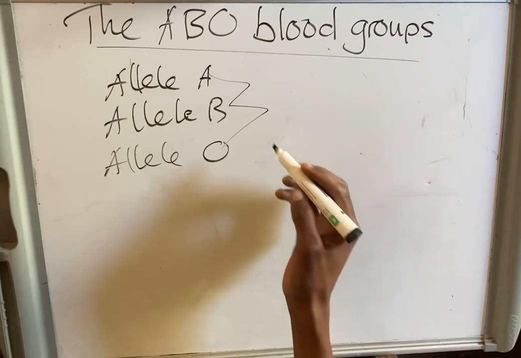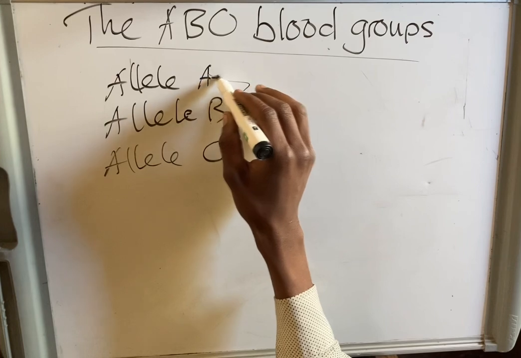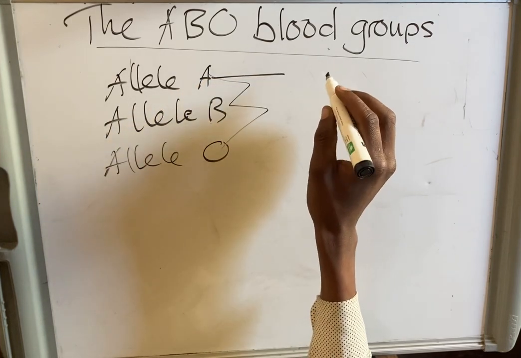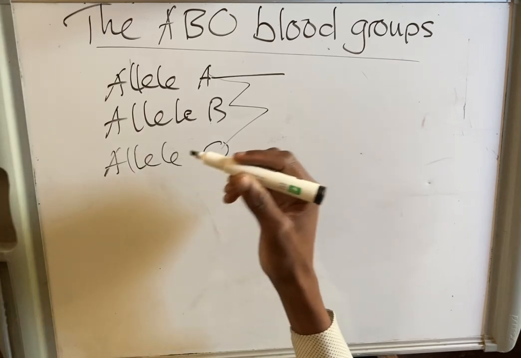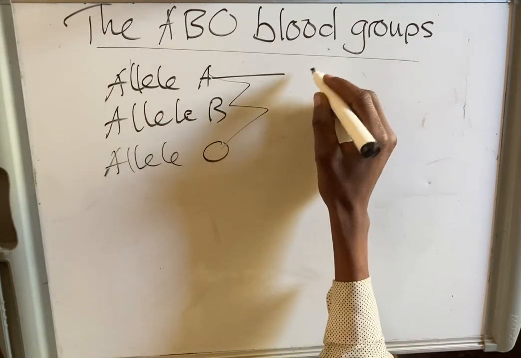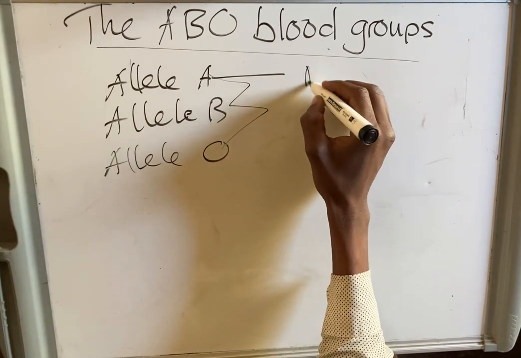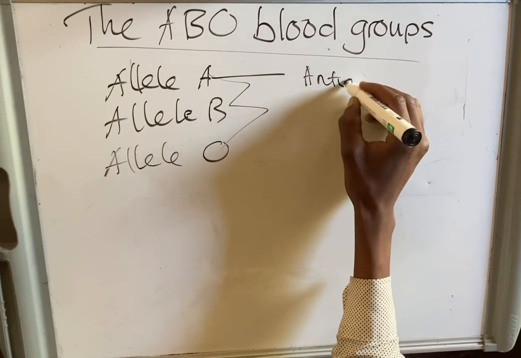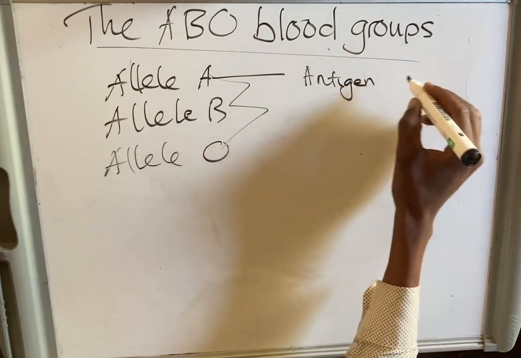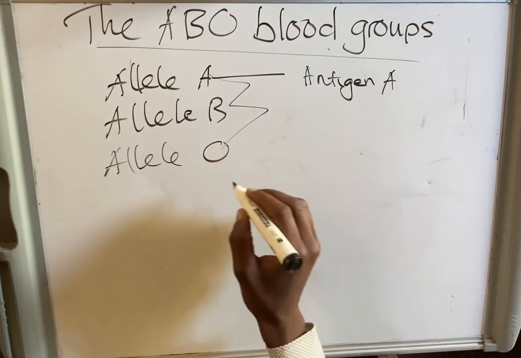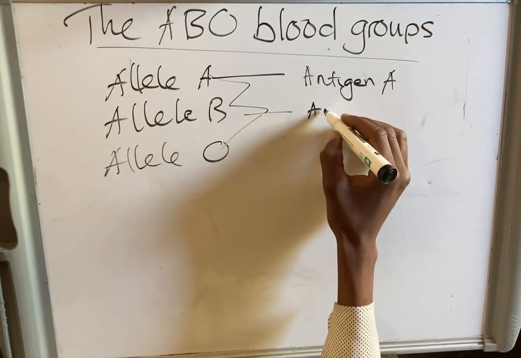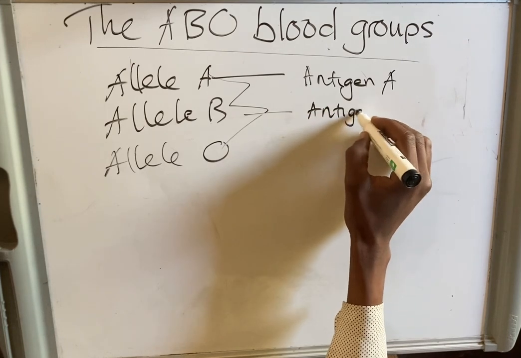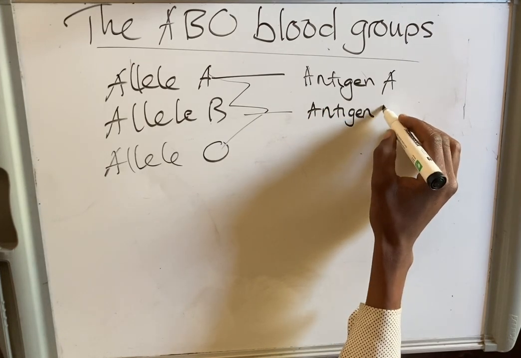Now, the allele A leads to the formation of antigen A on the surface of the red blood cells, while allele B leads to the formation of antigen B on the surface of the red blood cells.